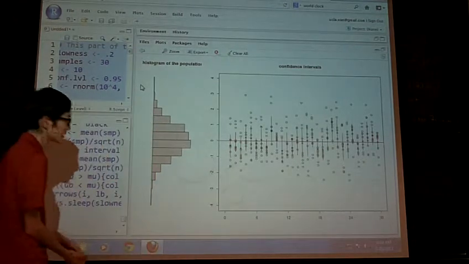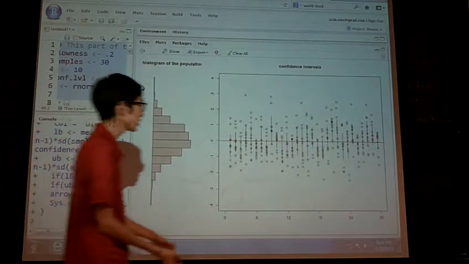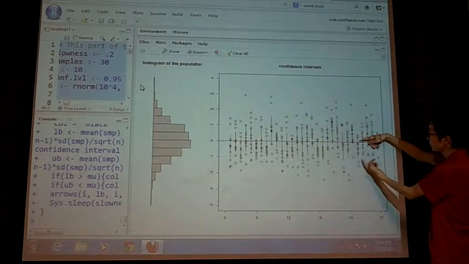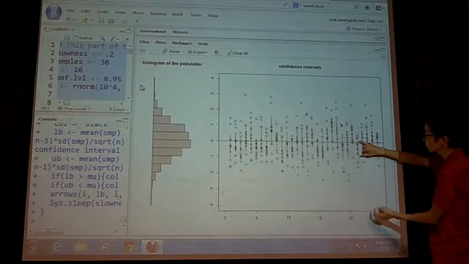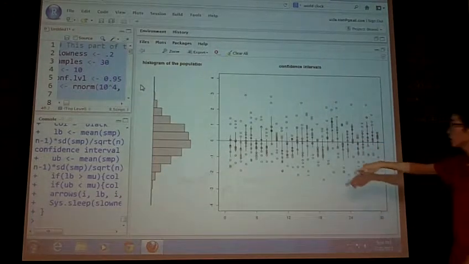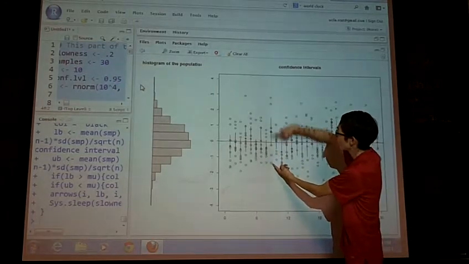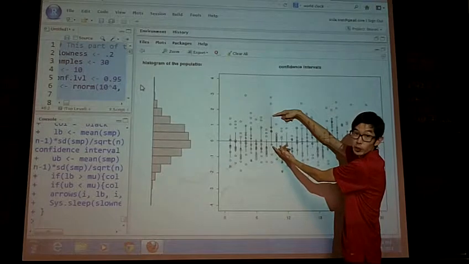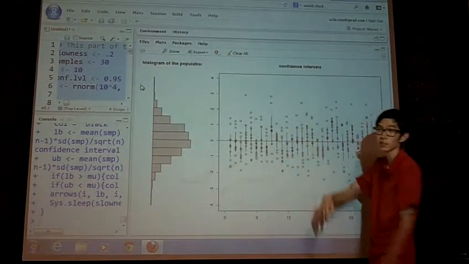Some of the samples have very little spread, and so the confidence interval is pretty small. Some of these other samples, the spread is pretty large, and so the confidence interval is quite wide. Do you see that?